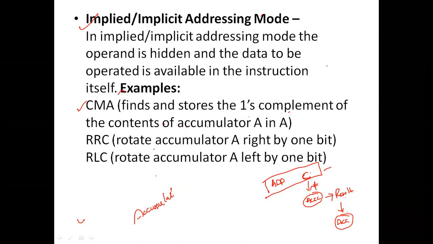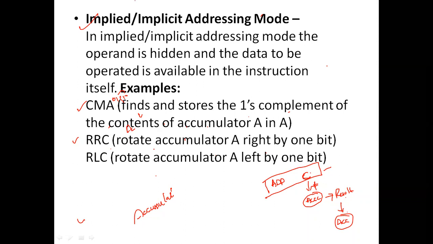Whatever the contents of the accumulator, if the accumulator is 01, then it will be 10 after complement. RRC means rotate accumulator right by 1 bit. RLC means rotate accumulator left by 1 bit. Are we saying to rotate the accumulator? No. If you are not specifying anything, implicitly it is going to perform that operation with the accumulator only.